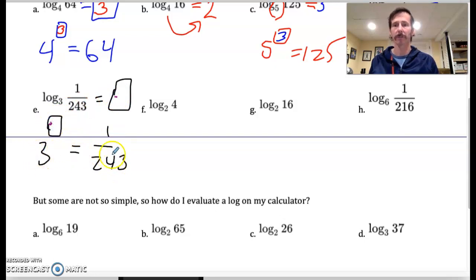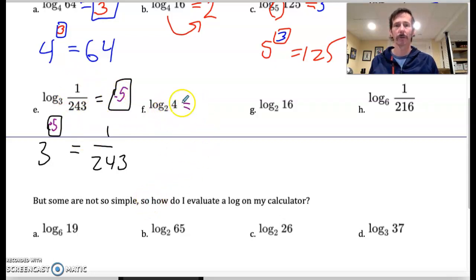And what power of 3 yields 243? Again, you might want to play around with that on your calculator a little bit. If you're not sure, you probably aren't, but it is a 5th power. So 3 to the negative 5th would yield 1 over 243. So if this were just 243, then the answer would just be positive 5. All right, you try this one.